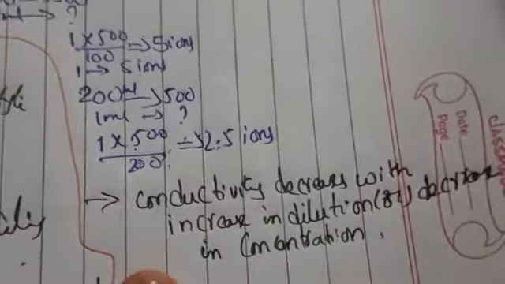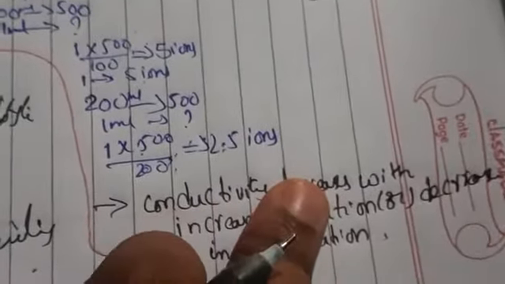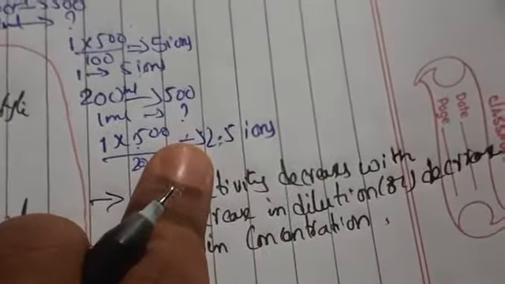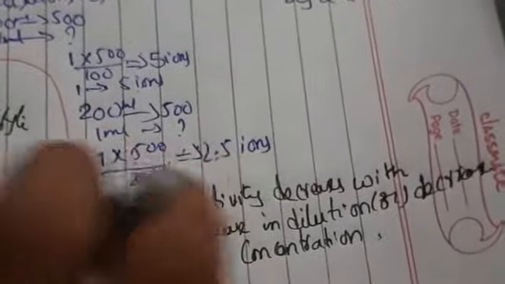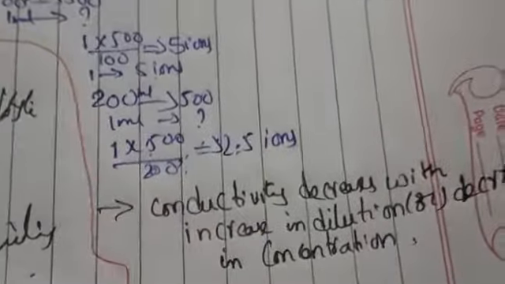So for strong electrolytes conductivity always decreases, because whenever the dilution increases. Okay. Now coming to weak electrolytes.